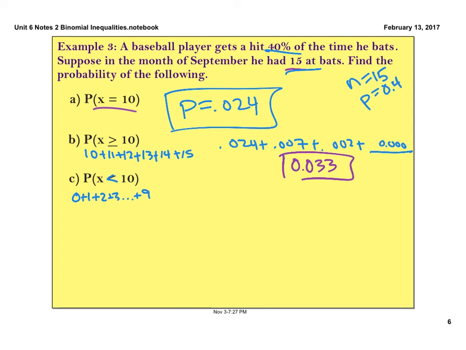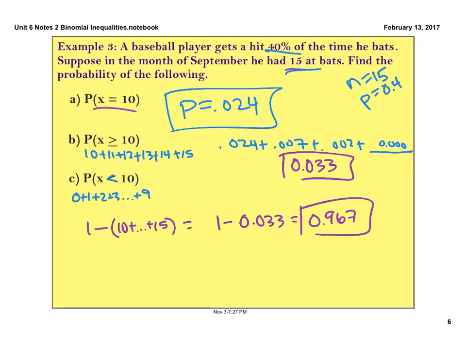However, you already know 10 and above in part B. So the other thing that you could do is 1 minus the 10 up to the 15, which we know up above. So I could take 1 minus the 0.033 and see what I get. I get 0.967 there. So that's one way that I can find that probability.